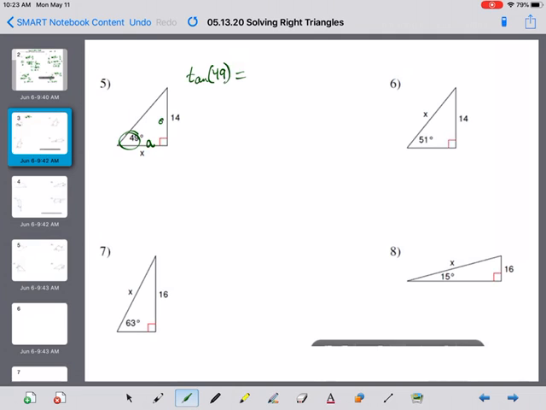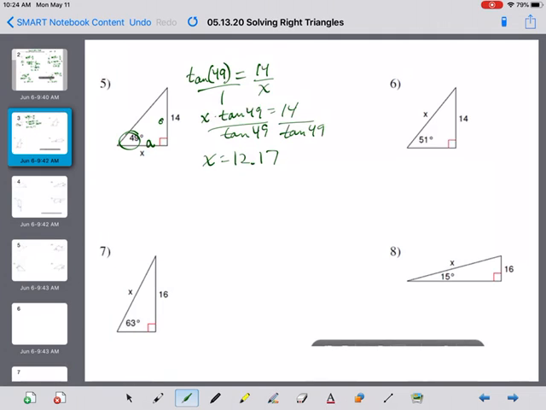So the tan ratio equals 14 over x. Now find the x to make that ratio statement true. So cross multiply, x tan 49 equals 14. Divide both sides by tan 49. So 14 divided by tan 49 is 12.17.